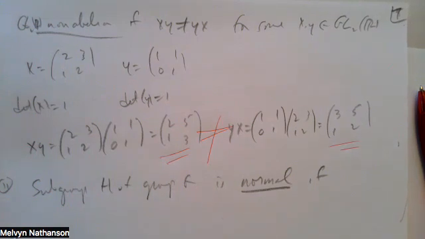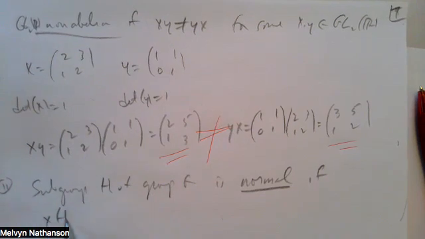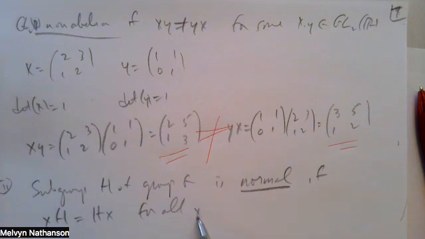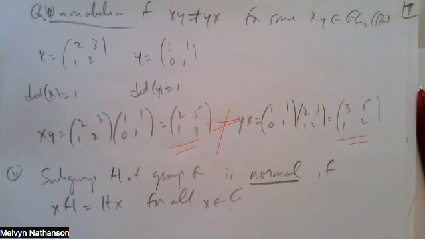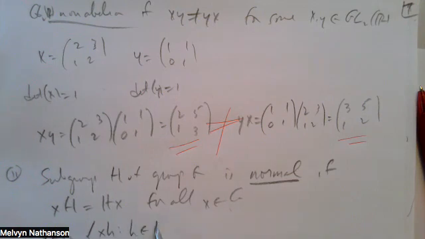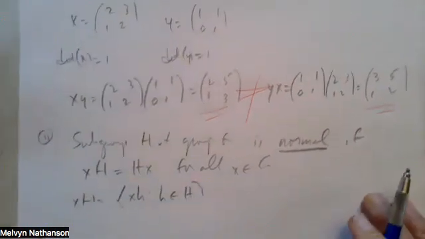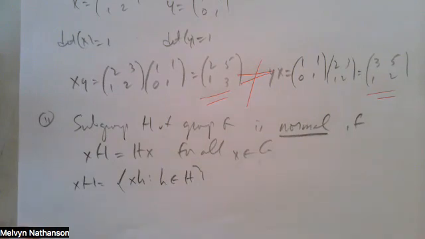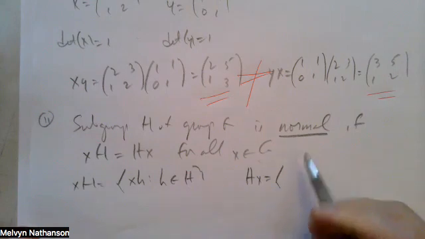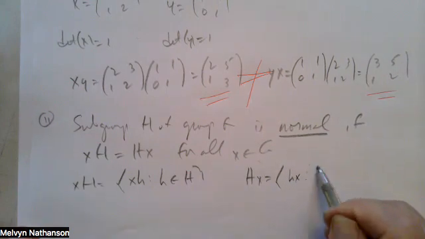So let me just write this. If the left coset xH equals the right coset Hx for all x in the group. So that's an easy way to write this. So what is xH? xH is the set of all elements x times h, where h runs through all the elements of the subgroup H. And Hx is the set where you multiply every element of H on the right by x.